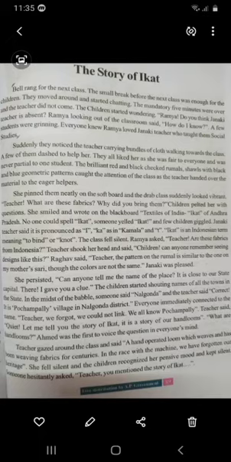The word Ikat originated in Indonesia, it is an Indonesian term. She brought all the cloth from Indonesia.